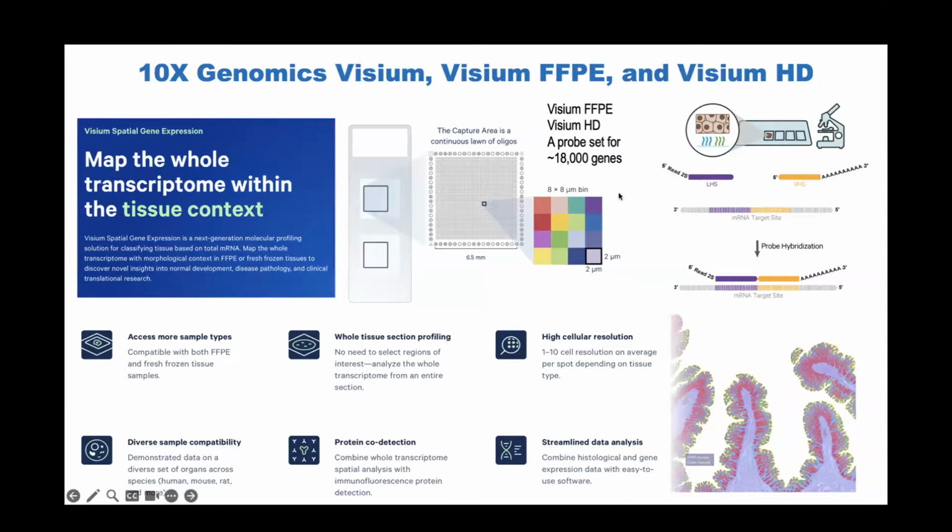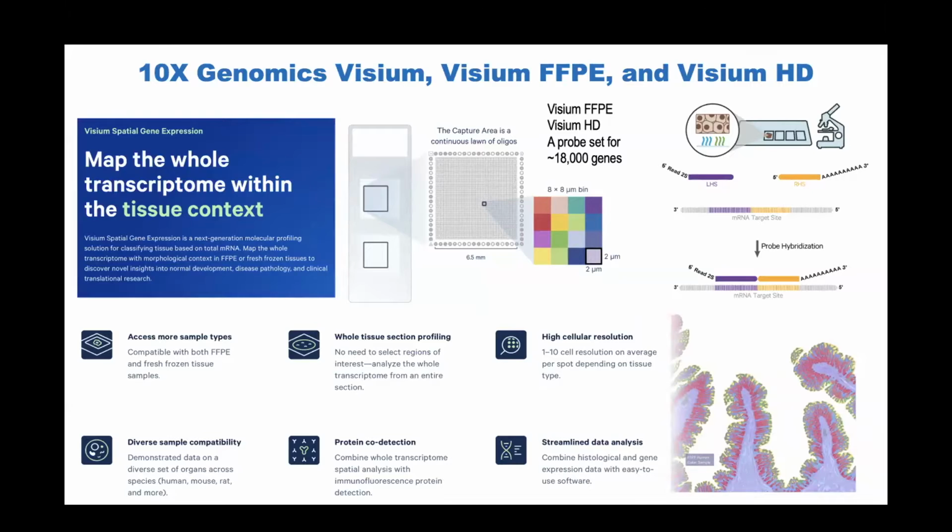But recently they are able to make the spot size about 2 micron, but typically you bin 8 by 8 or 4 by 4, and you get an 8 micron bin size as the standard practice for high resolution spatial transcriptome.